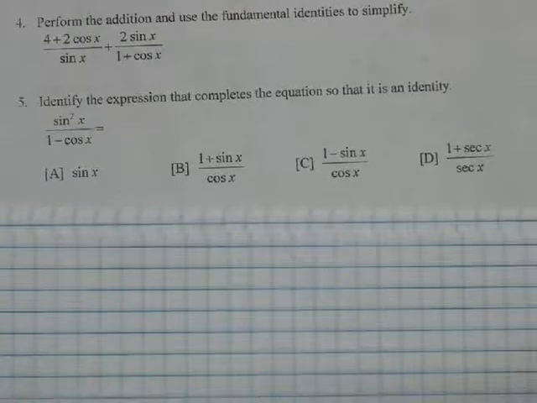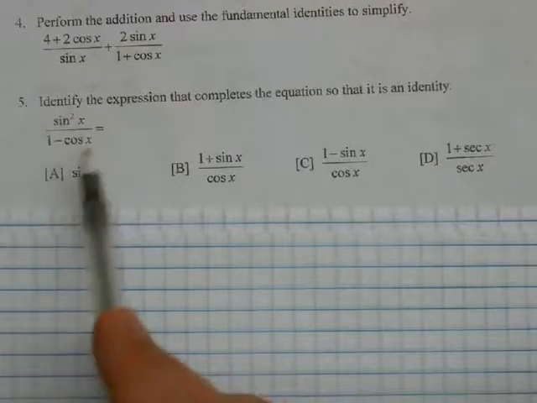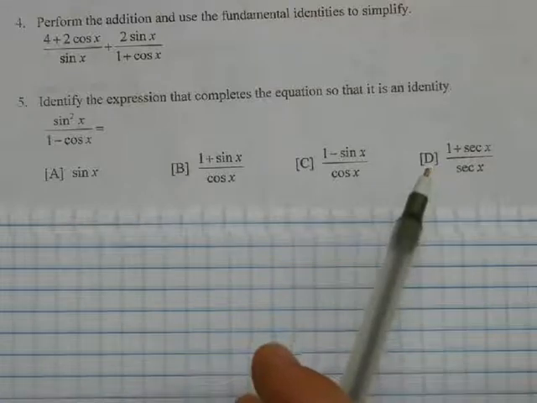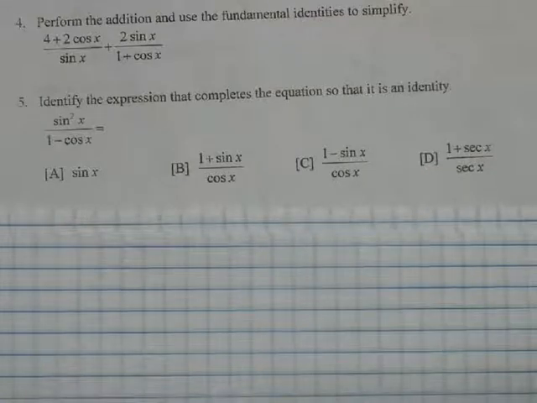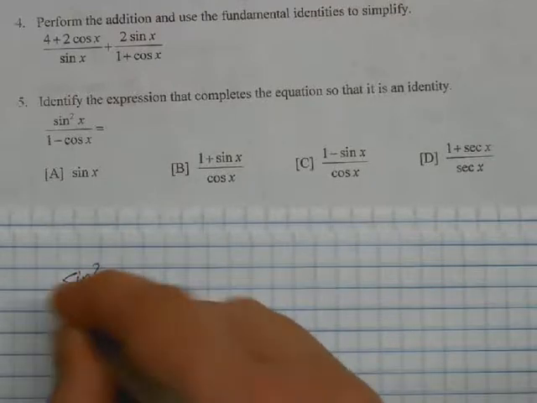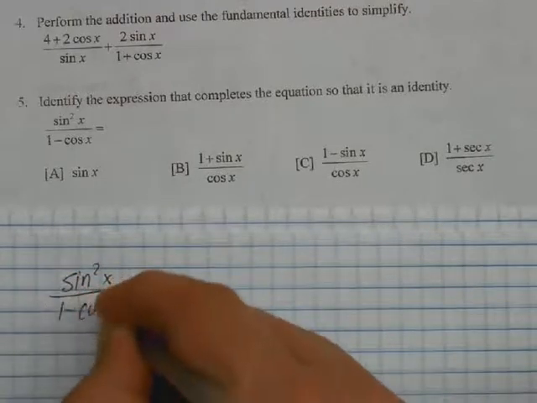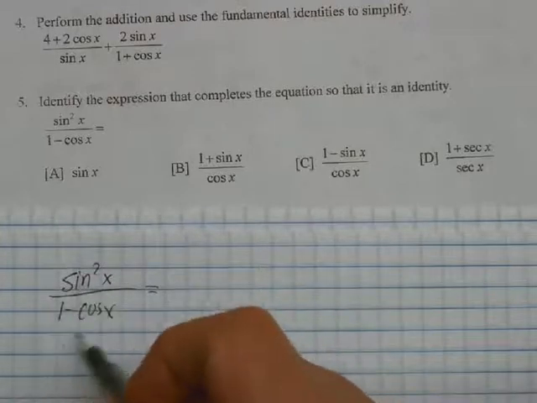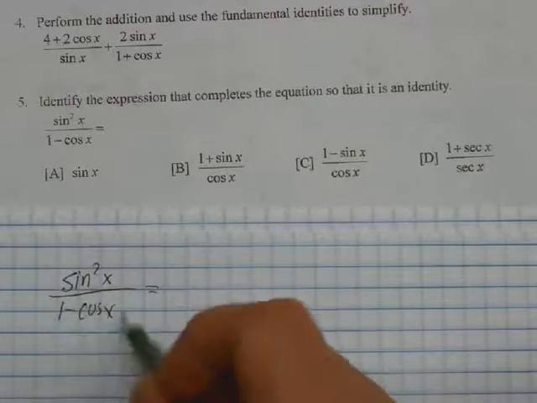Okay, now number 5 was a little tricky just because when you simplify this, we're not necessarily going to get one of these answers, although one of the answers is equivalent to that. Now, what I see when I look at this is I've got 1 minus cosine x here.